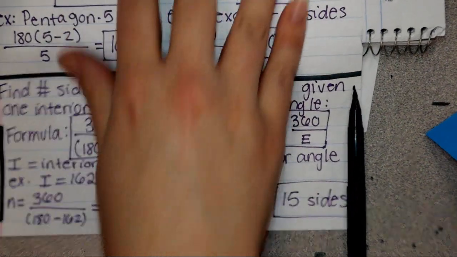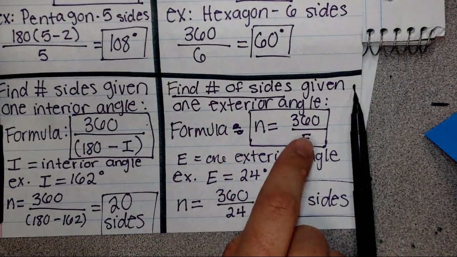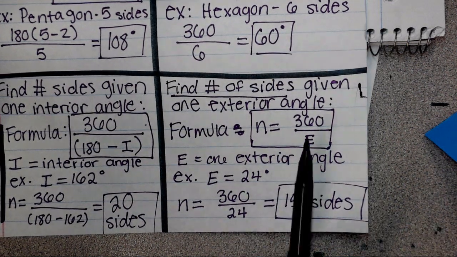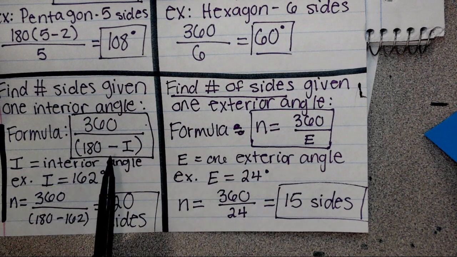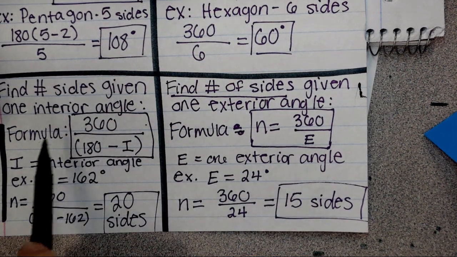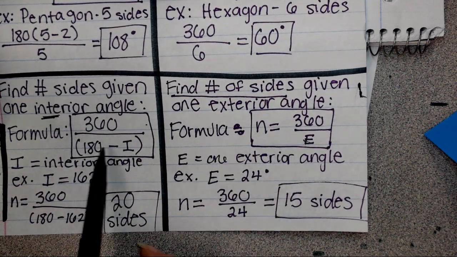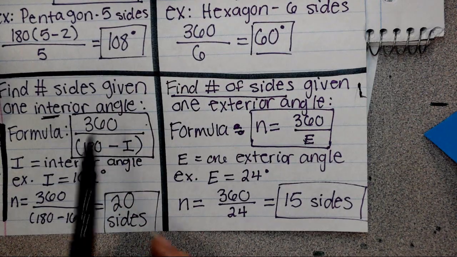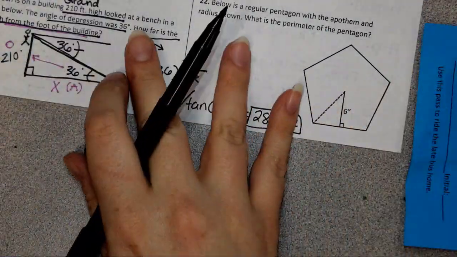So you can take this formula, and instead of plugging in your interior angle, solve for your exterior angle by subtracting from 180. That's where this formula comes from. It's the same formula, but if you're given an interior angle, in order to get the exterior, you subtract it from 180.